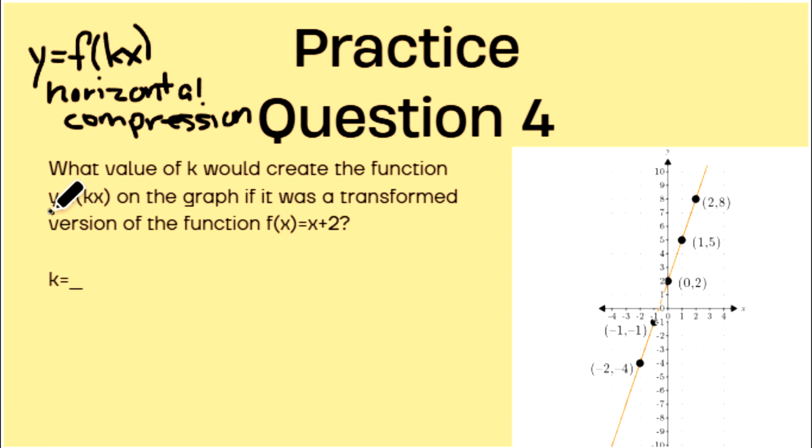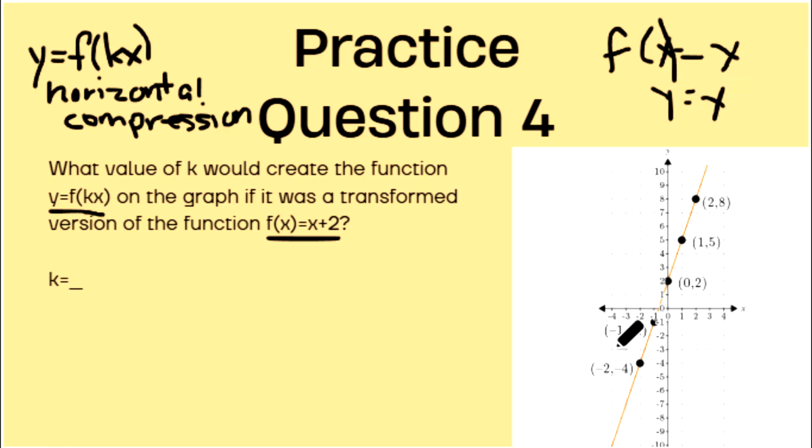So what we're dealing with is what value of k would create the function y equals f of kx on the graph if it was a transformed version of the function f of x equals x plus 2. Our parent function is f of x equals x, which is y equals x, a linear function that has a slope of 1 crossing through the origin.